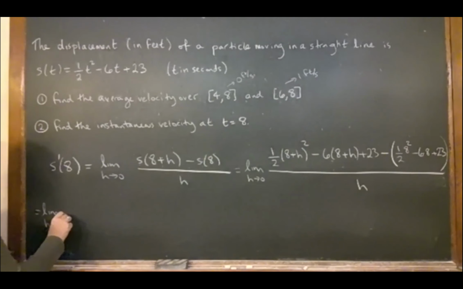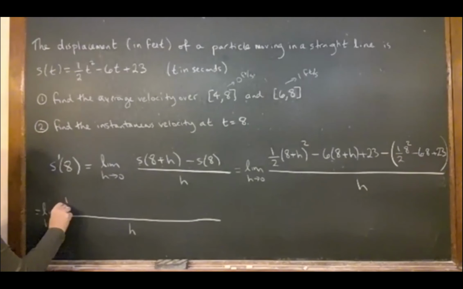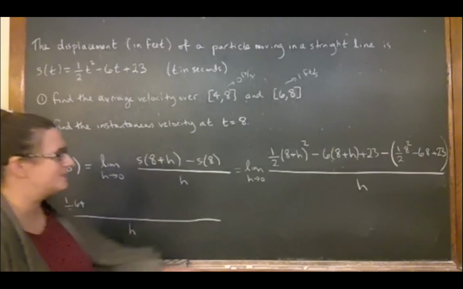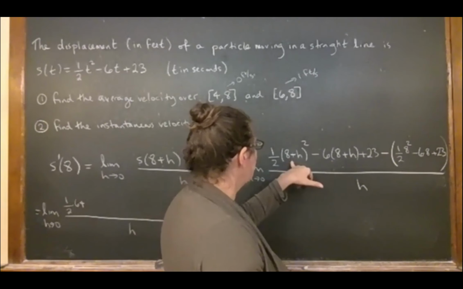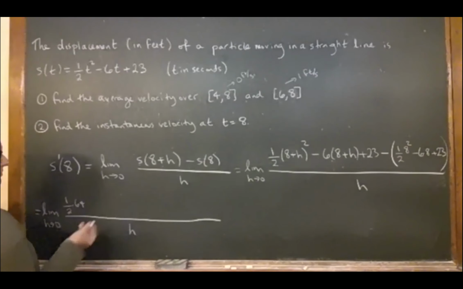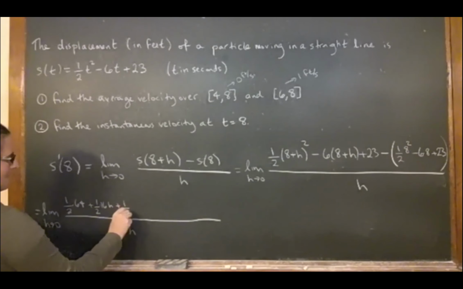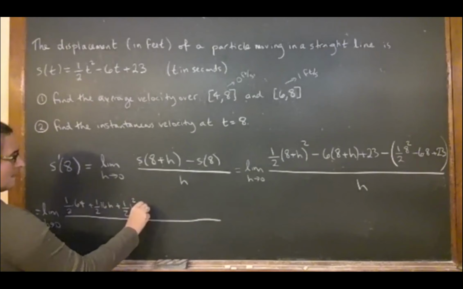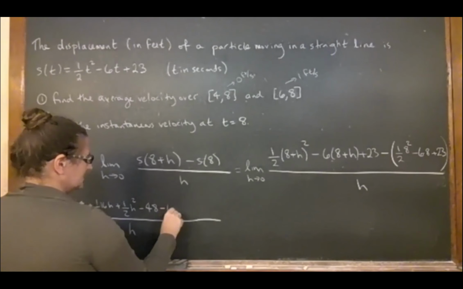Okay, so if I work this out, what do I have? I have 1/2 times 64, and I'm going to do 2 steps in one, right? Because this is 64 plus 16h plus h squared, but I've got a 1/2 in front of it. So I'm just going to write the 1/2 so I don't screw it up in my head. Times 16h plus 1/2 h squared minus 48 minus 6h.